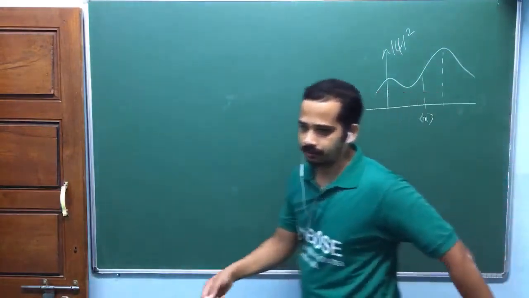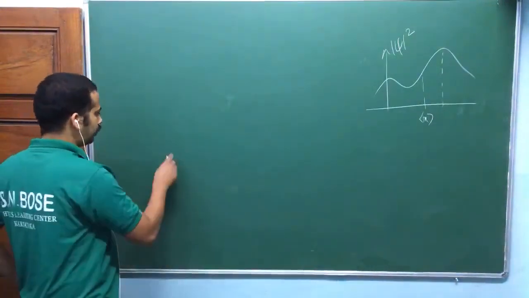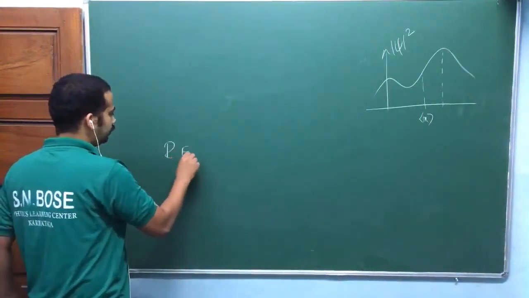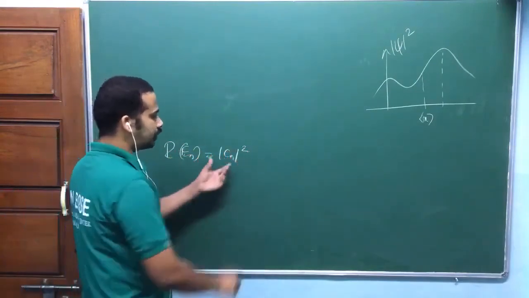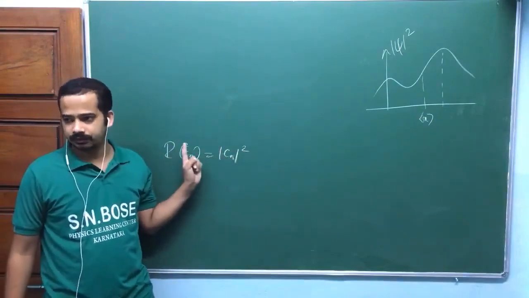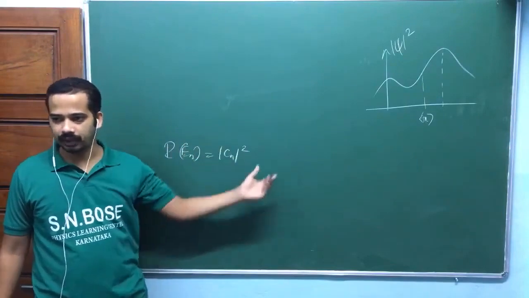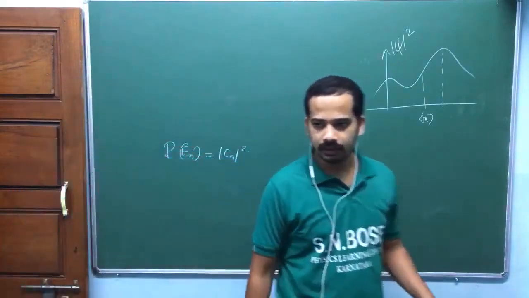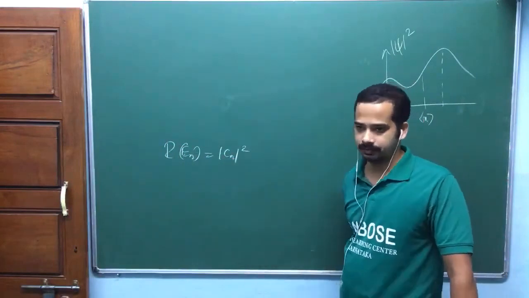So similarly, the probability of E n is equal to mod C n square. So when this mod C n square is maximum, that is the most probable energy, isn't it? You will have a set of these values, and among them the one where mod C n square is maximum is the most probable energy.